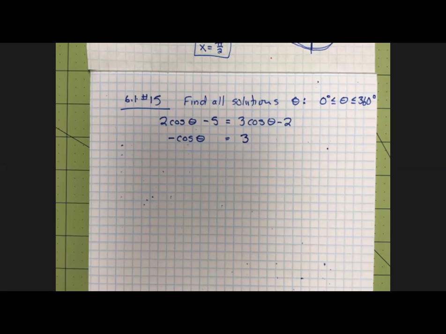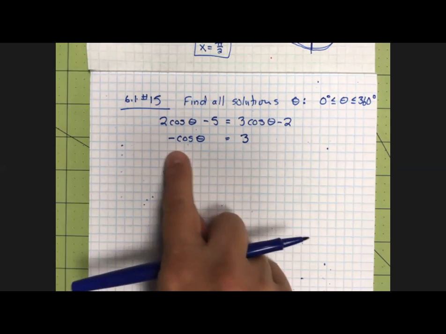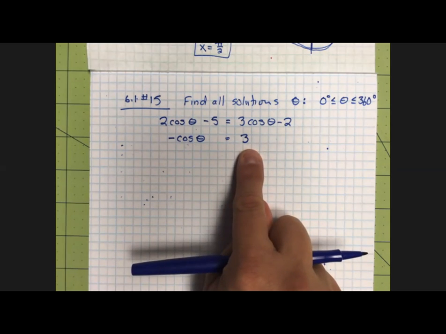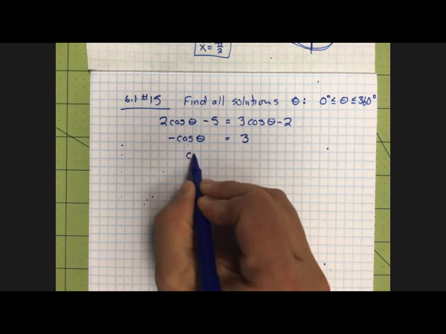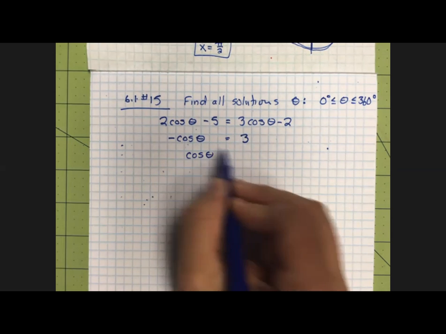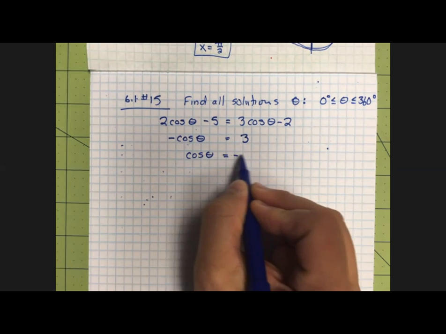The thing I do at this kind of stage is, did I copy that right? Because already I recognize that this is impossible. On the other hand, if it's impossible, it's easy to write down all the answers. You say there are no answers. So first of all, if I divide both sides by -1, the cosine of theta is -3.